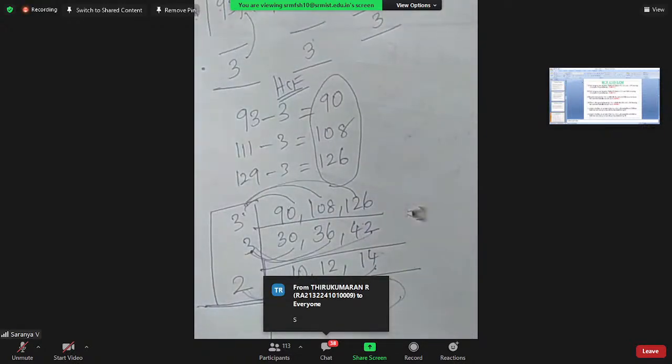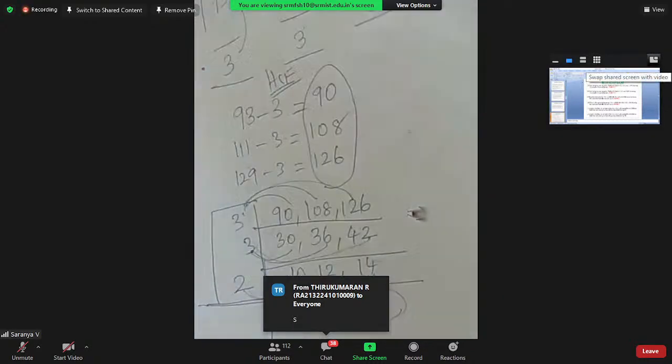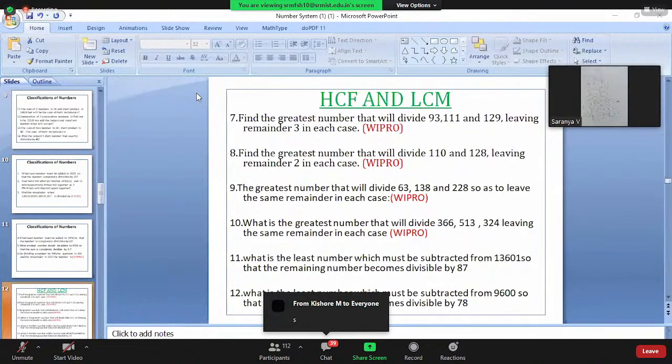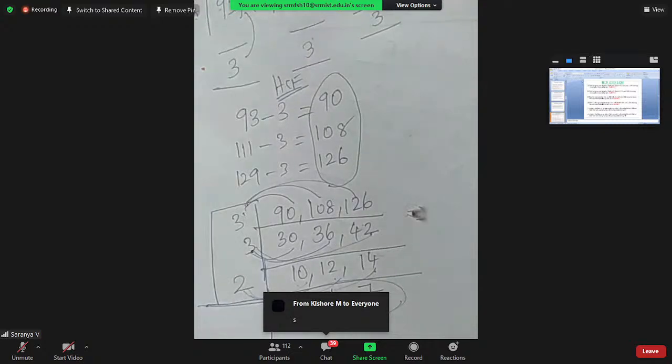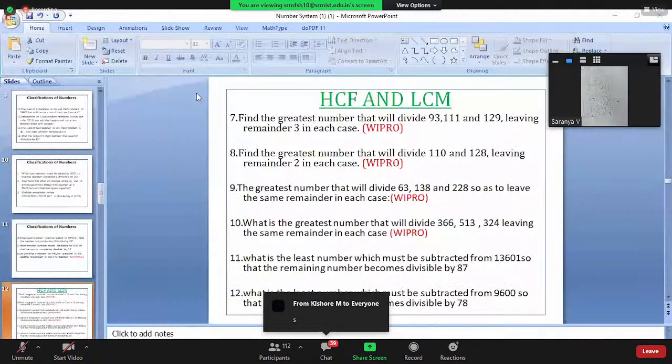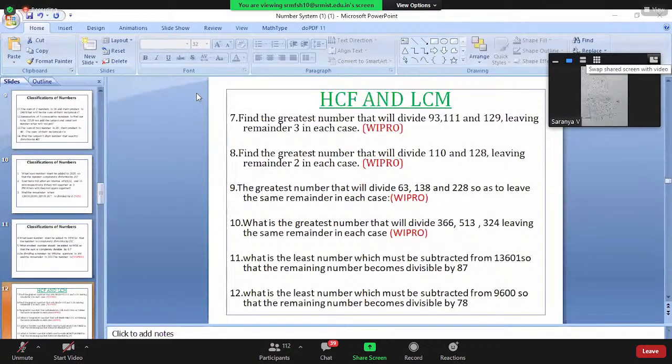Okay, can you try the next one? Find the greatest number that will divide 110 and 128 and leave the remainder 2 in each case.